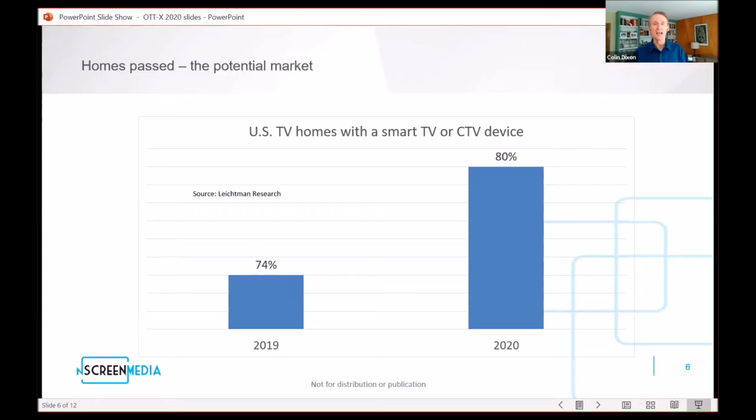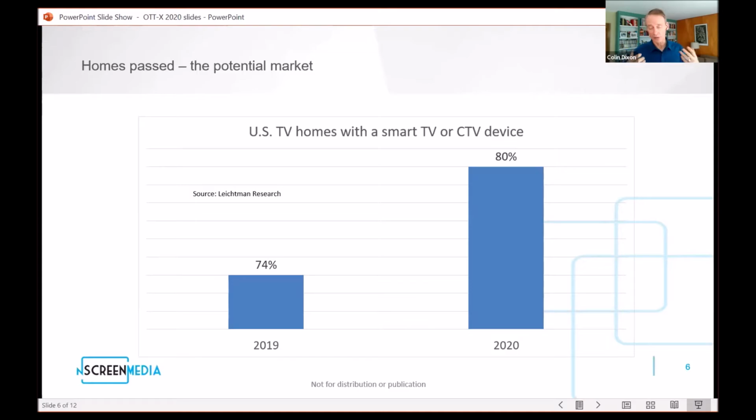Okay, so let's talk about homes passed. Homes passed is something that we talk about a lot when we're talking about pay television, particularly cable TV. This is the number of people that can get, quote, cable. So in this case, I'm just looking at the number of homes with a smart TV and connected TV, not ones that are connected and actually being used, but just the number that have them.